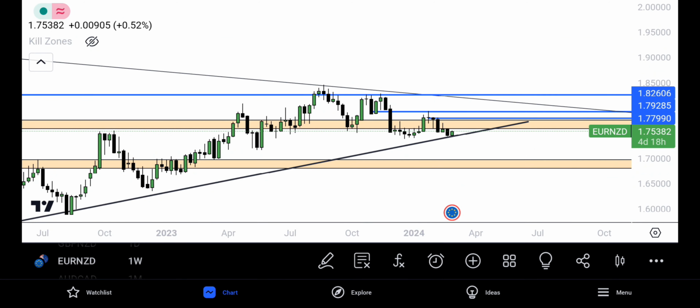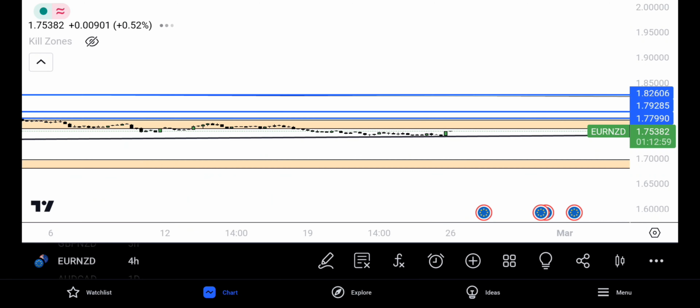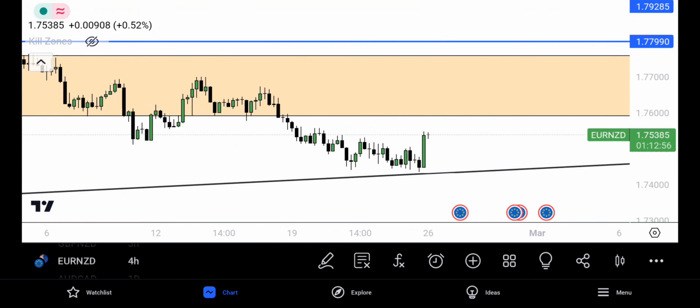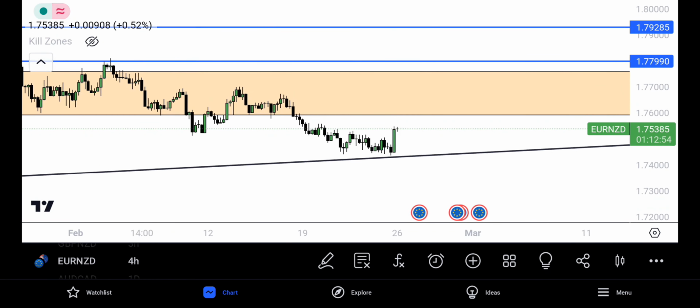So going down to the 4-hour time frame, let's see how price is looking, right? So on the 4-hour time frame, we have noted that on the higher time frame of the weekly, price is bearish. It's already creating bearish formations, forgetting the fact that yes, it was once bullish, but the overall trend is bearish, right?